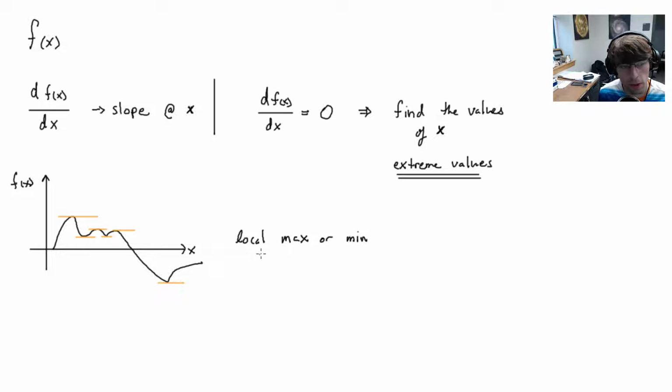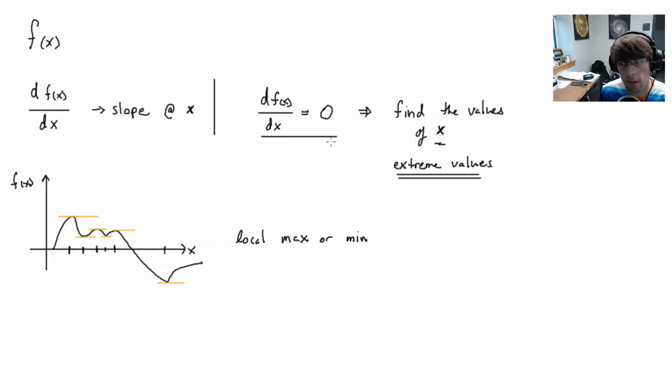So that's why we say it's a local minimum or maximum at any given point on the graph. As I've drawn this really ugly one, there are about 6 places where you'll find a value of x. So if you do df dx equals 0, you'll get about 6 values for x where this statement is true.